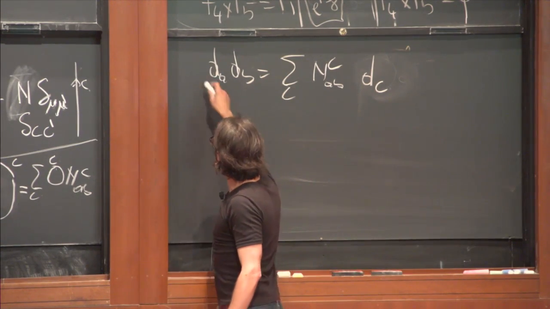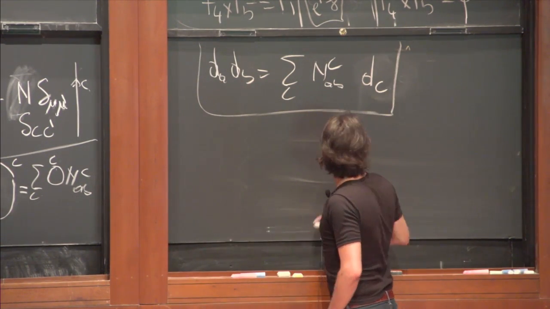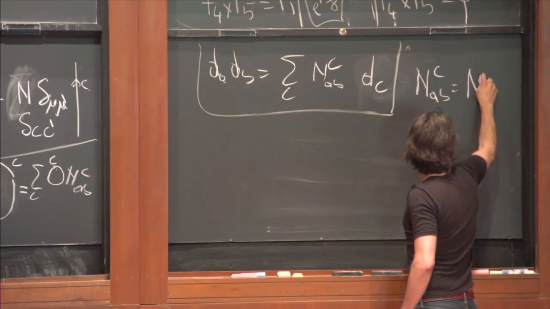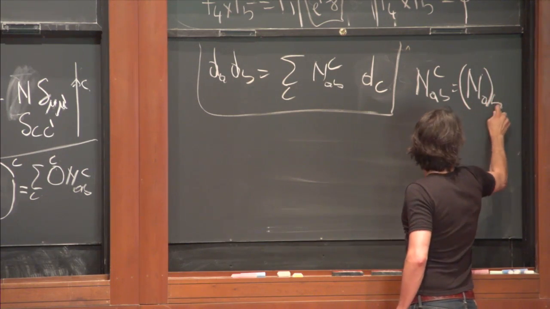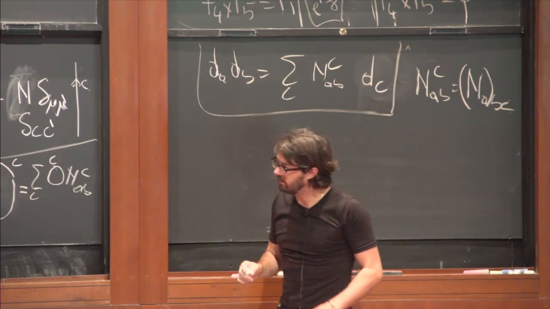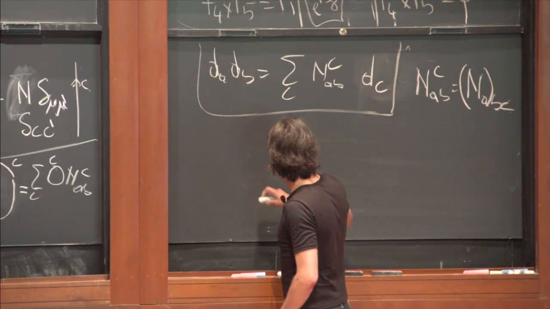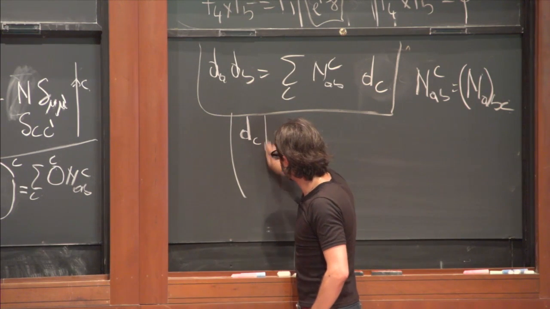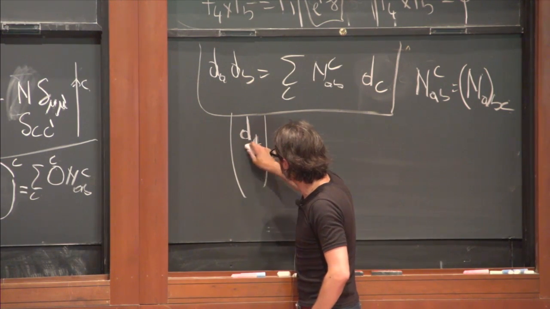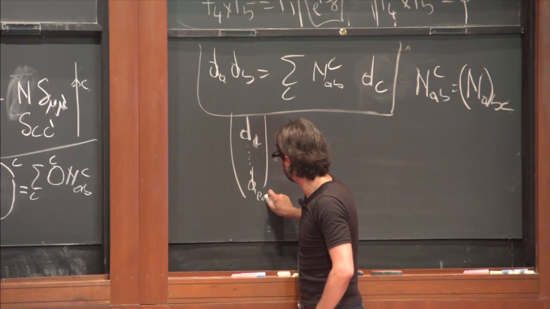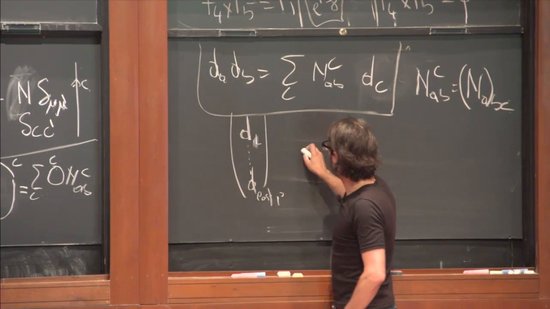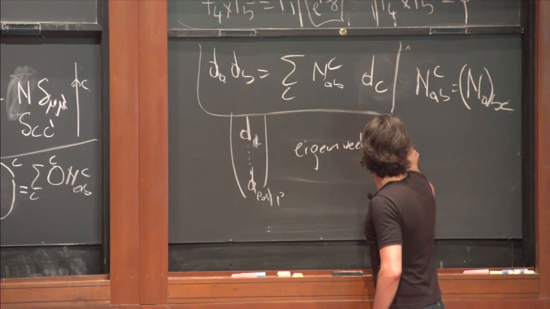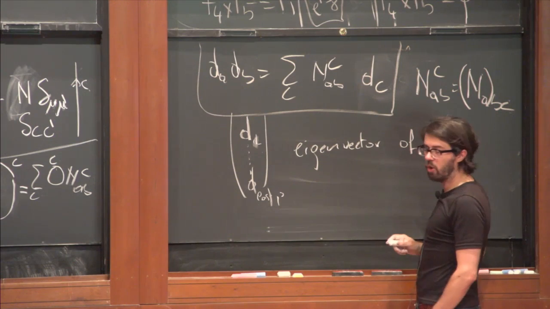So this is a very important equation, because it immediately tells you that if I look at these matrices N_A, with entries N^C_{AB}, as I wrote them down at the beginning, mutually commuting matrices, then d, this vector, has all the components, d vacuum all the way to d last particle, is an eigenvector of all the matrices.